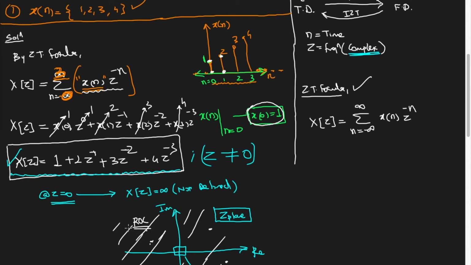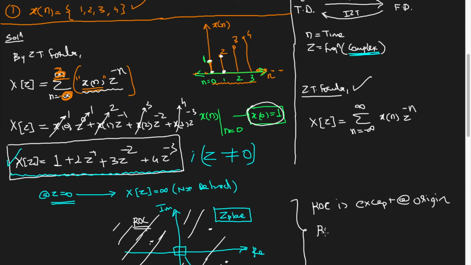We are actually going to see the ROC in much greater detail in a later video, but basically, now about this problem, let me write down a few things about ROC. Over here, the ROC is everything except the origin. So you cannot have ROC at the origin, but everywhere else there is no problem.